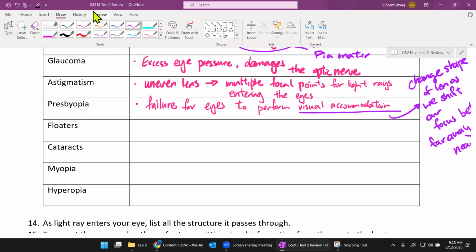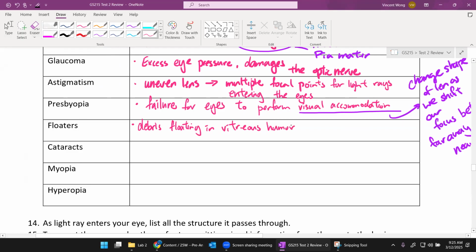Floaters are basically debris floating in the vitreous humor.